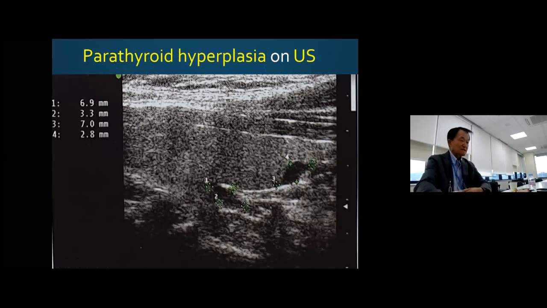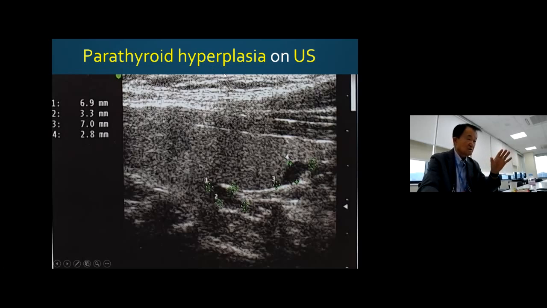So you see this kind of thing, in the thyroid, you see a small hypoechoic node, usually 5-6 millimeters in size. Hyperplasia is the multiple nodular enlargement. So hyperplasia versus adenoma on CT, MR, ultrasound look like.